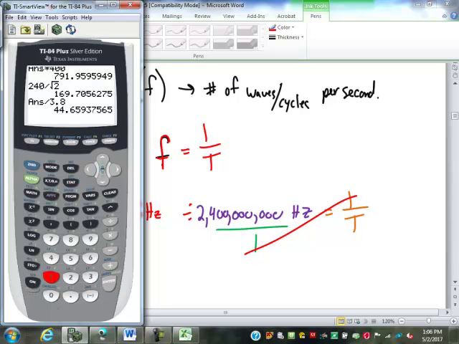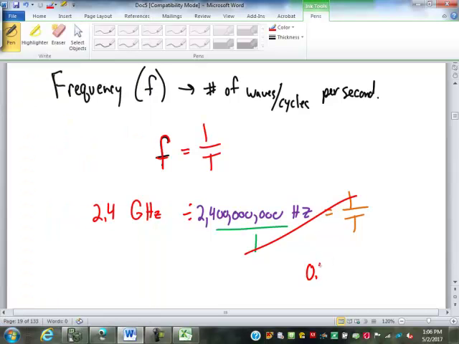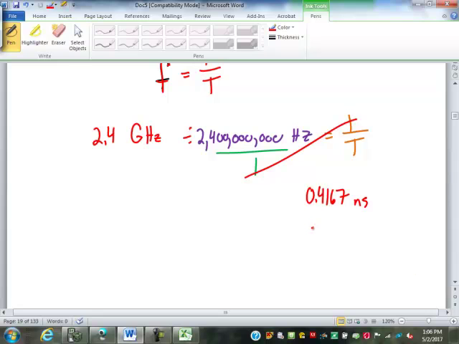Now I'm just going to do this. 1 divided by 2.4 gives me 0.4166, 0.4167. Giga, the reciprocal of giga is nano. So that's 0.4 nanoseconds is what that period is. Or 416.7 picoseconds, if I wanted to go one more notch.